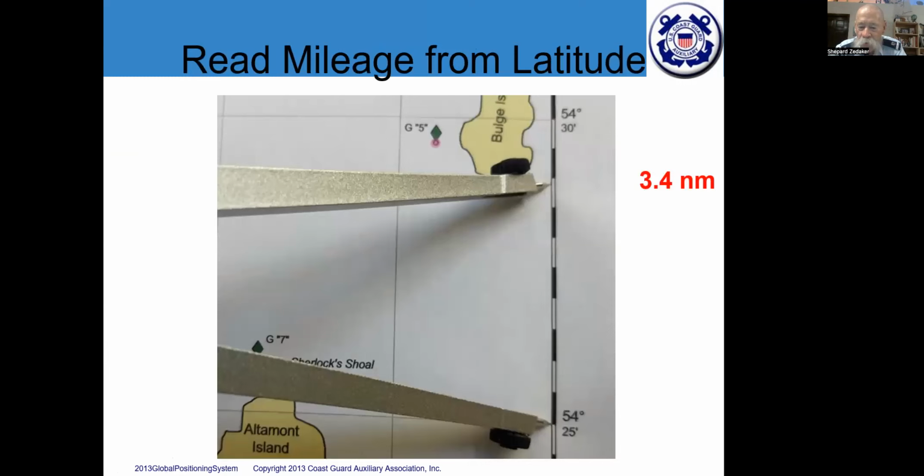Then you transfer over to the latitude scale, because the latitude scale stays consistent in the Mercator projection, so you don't have to worry about that. You can always use the latitude scale. Doug pointed out that the bottom of the chart has a scale on it that is consistent over the area a chart usually covers, but you can always use the latitude scale as well.